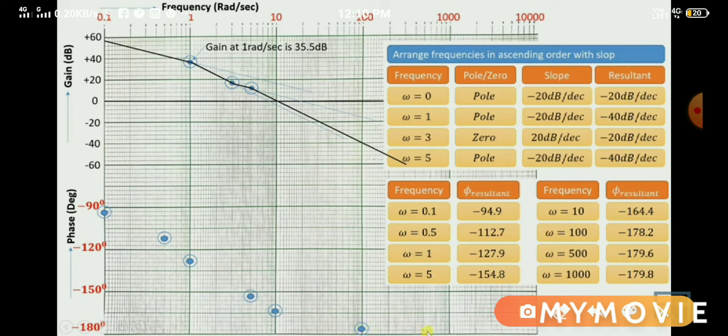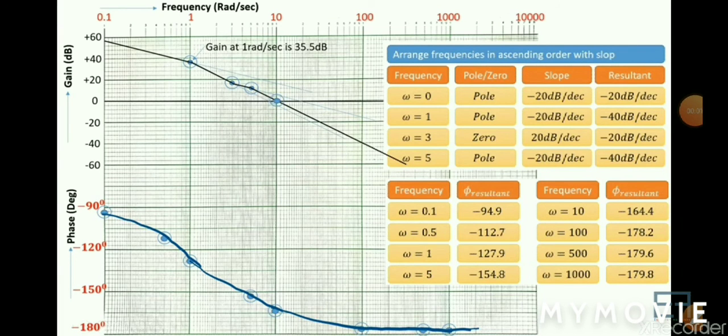Omega equals to 10, minus 164.4. Omega equals to 100, minus 178.2. Omega equals to 500, minus 179.6. Right, then draw a freehand line joining all the points.